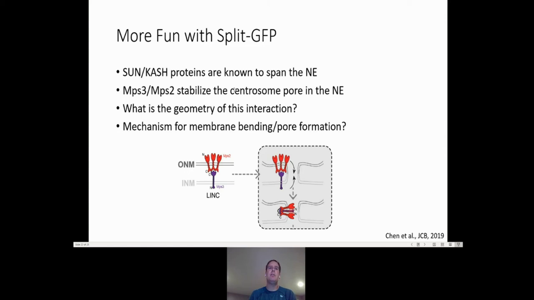These proteins are also involved in stabilizing the centrosomal pore in the nuclear envelope. Yeast has a centrosome that sits in the nuclear envelope called the spindle pole body. We wanted to understand the geometry of this interaction, and we had a hypothesis that this interaction at the C-terminus could be added to an interaction at the N-terminus that could possibly stabilize the curvature of the membrane at the nuclear envelope.